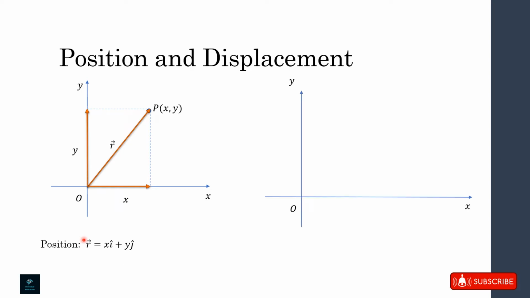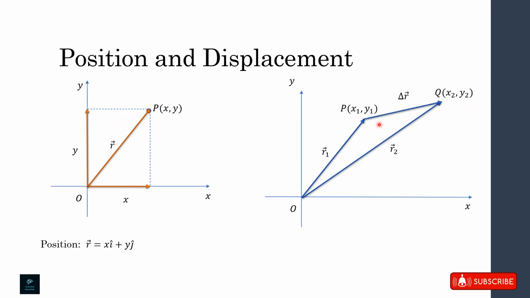Now suppose that at time t1 the object is located at point P having coordinates x1, y1 and at time t2 the object is found at point Q having coordinates x2 and y2. The displacement of the object will be a vector from point P to point Q. Thus, this is denoted by delta r.